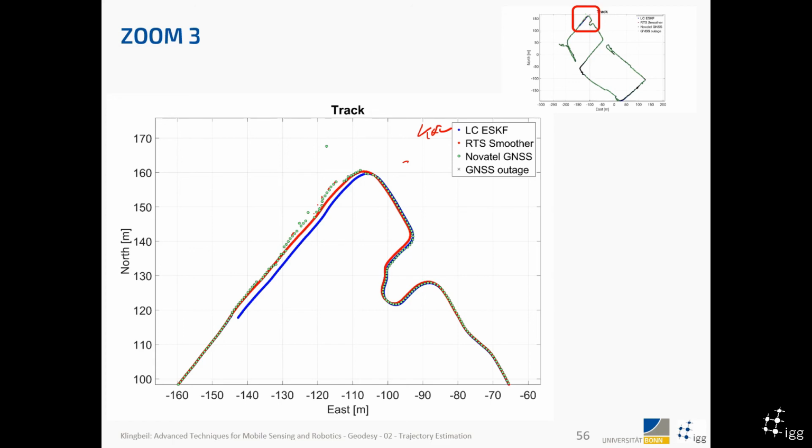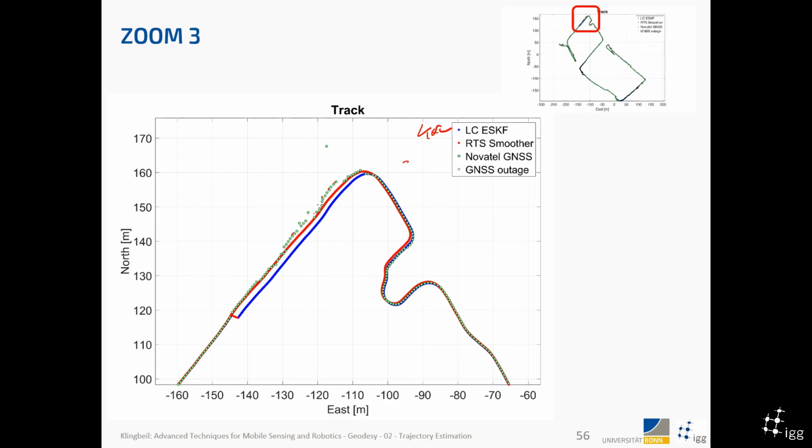When the GPS position noises from the receiver are very small again, we have this jump. So it's very similar to the case of having a GPS outage, but the outage is not artificially introduced by us. The outage is given by the fact that the GPS noise values are very high. And we can also see that the smoother is not having those problems.